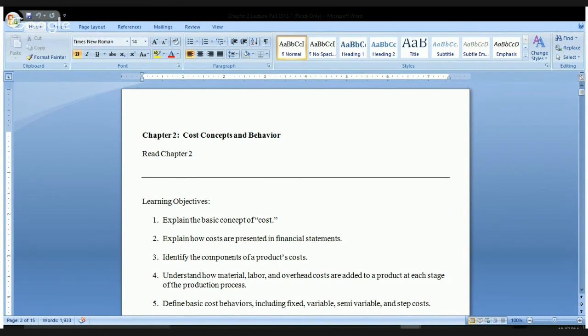Factory rent. As soon as you see the word factory, you automatically assume that is a product cost. Next one is depreciation. Depreciation is based on what it's depreciating. In this very first problem, it's depreciating saws, drills, and sanders, which are used in the making of the product, so it has to be a product cost.